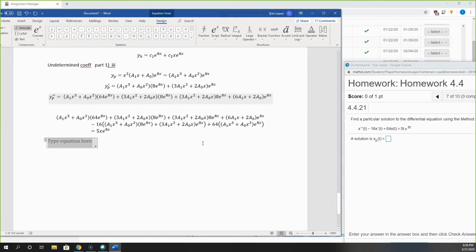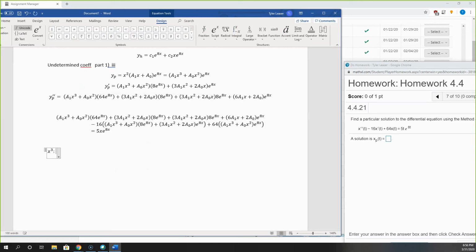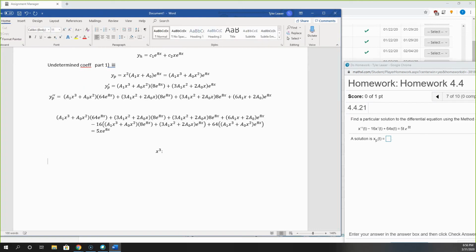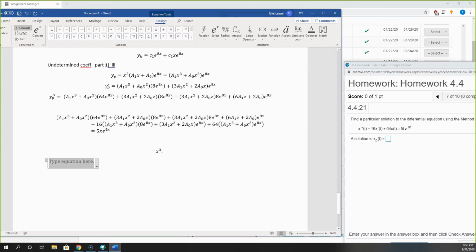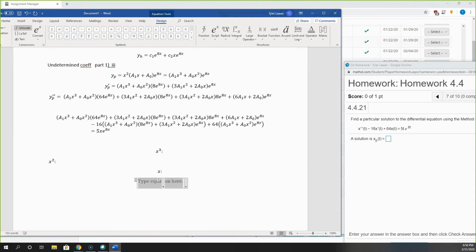If it was me, I wouldn't try to combine stuff together. I would just look at the different terms that are out there. So this is where you want to break this down into all of the x cubed terms, and then all of the x squared terms, and then all of the just the x terms, and all of the constant terms.